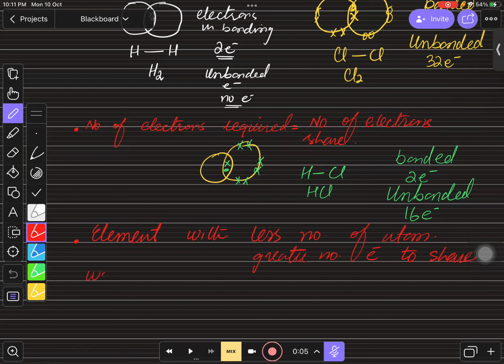You need to remember this: the element with fewer atoms or having greater electrons to share is going to be in the center.